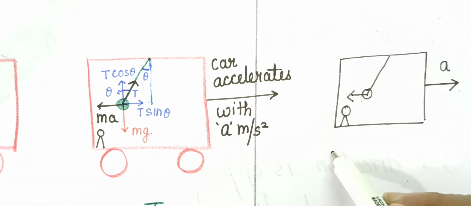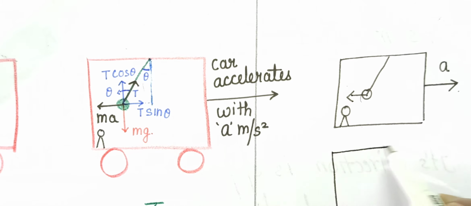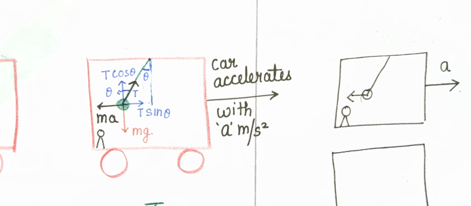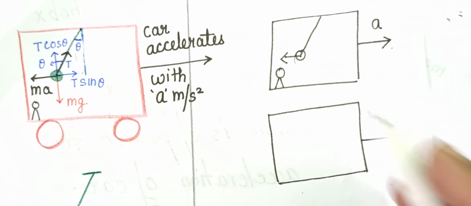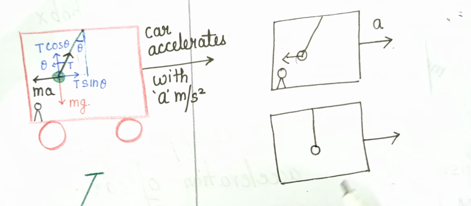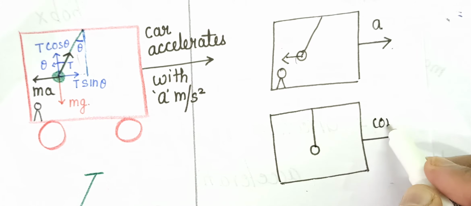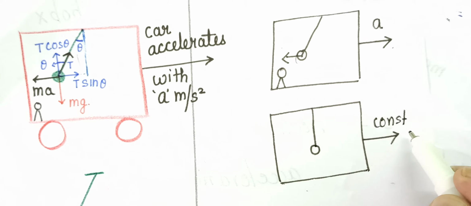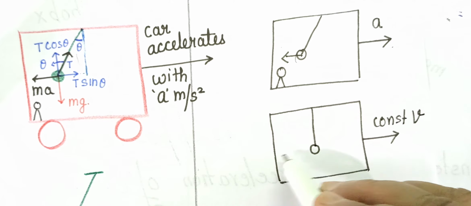Even if the car is moving with a constant velocity, Mr. A observes that the pendulum is in vertical position. There is no change in the position of the pendulum. So, what should be the conclusion of Mr. A about this pseudo force?